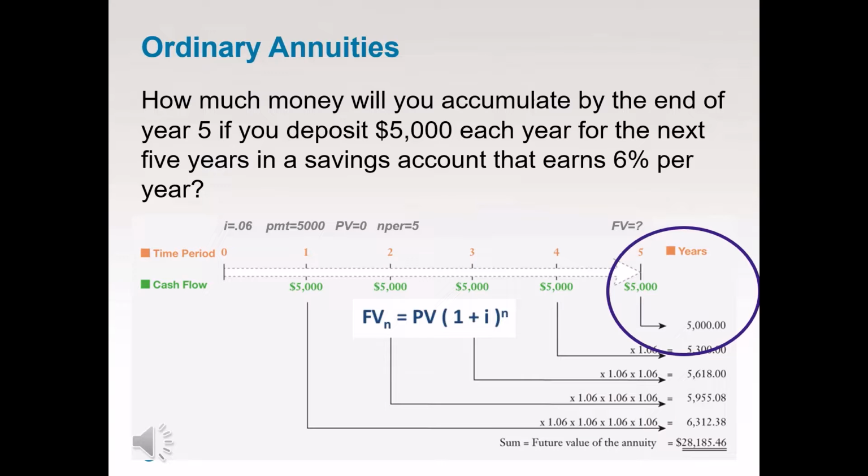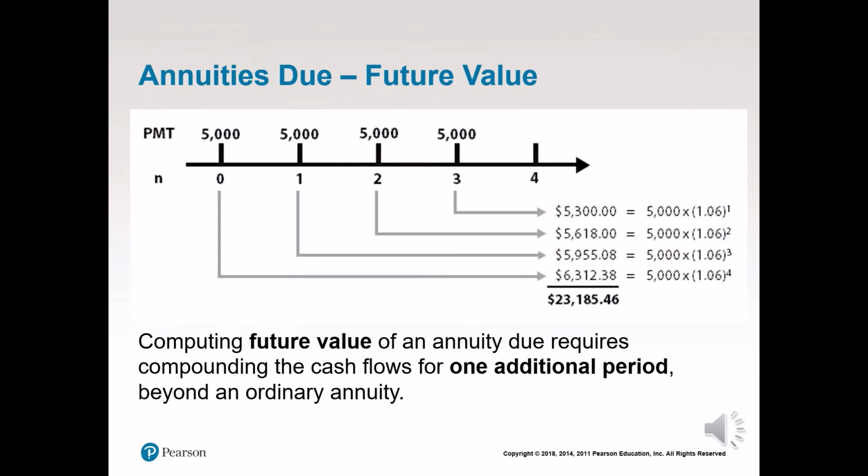Now take a look at this timeline for an annuity due. You'll notice that the final payment is made at the beginning of the year instead of the end of the year. So there is some compounding that takes effect in the final payment of an annuity due. If this had been an ordinary annuity, year 4 would have had a payment instead of year 0.